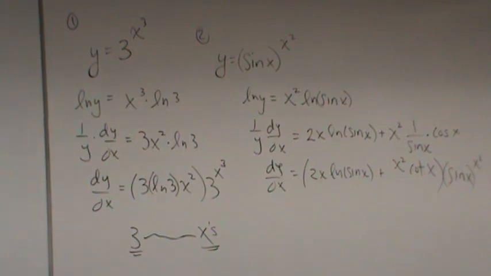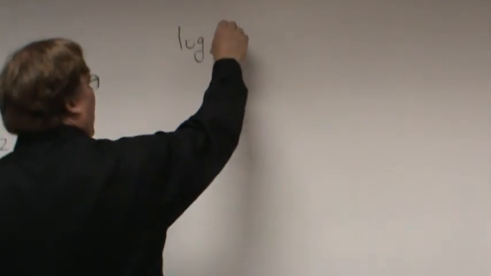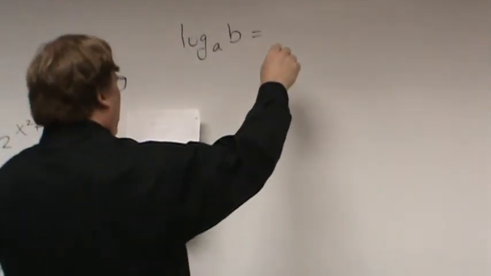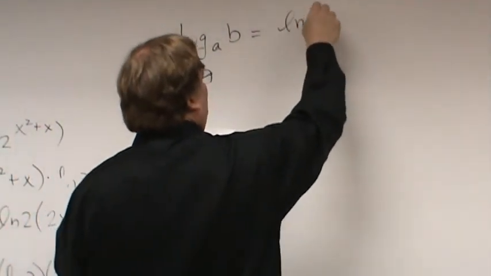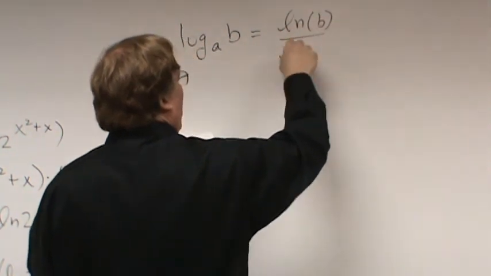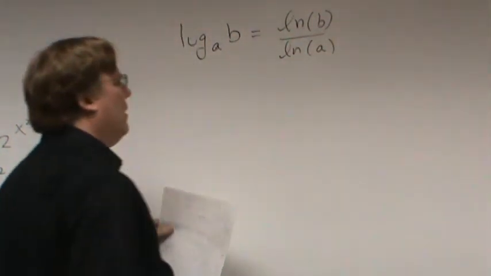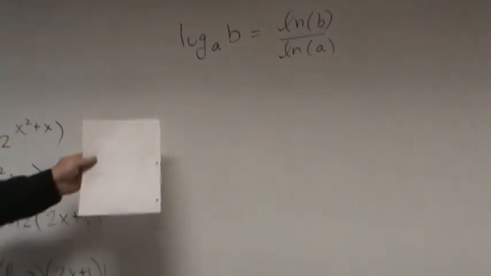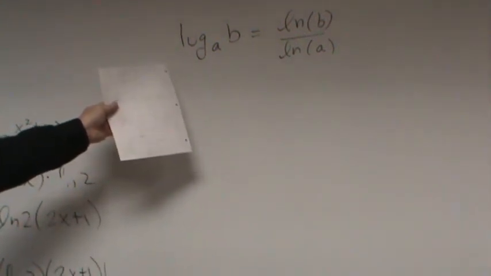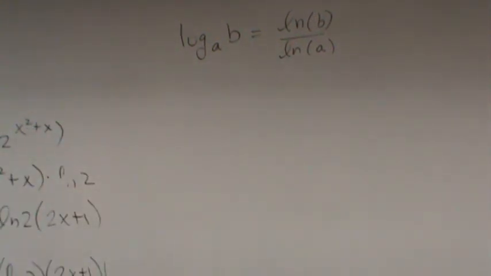My answer is turn it into a log base e, because we have a general formula: the log base a of b equals the log natural of b over the log natural of a. So if you have a log with a base other than e, just turn it into a log base e.